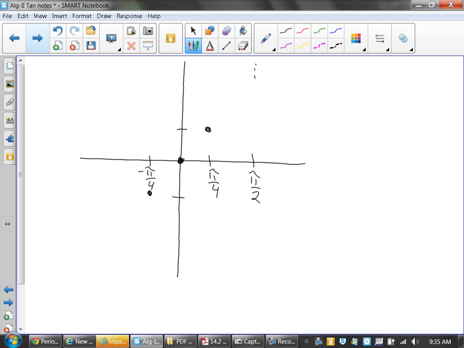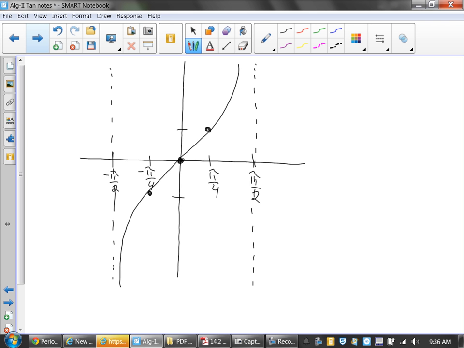So what happens at negative pi over 2? An asymptote. Now, if I'm looking at the curve for tangent going from left to right, what is it doing? Yeah, it curves. It's increasing. So the curve of tangent is nothing more than plotting these 3 points with this.